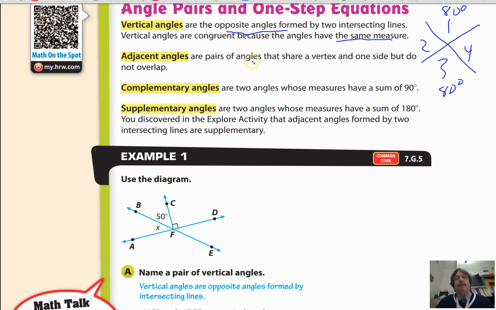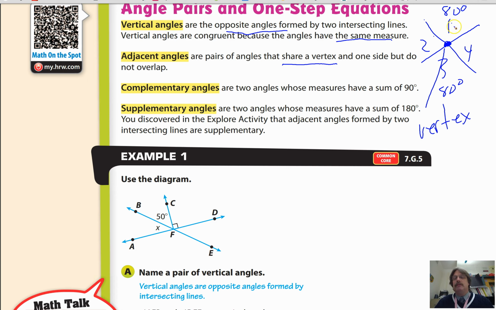Adjacent angles are pairs of angles that have a shared vertex and one side but do not overlap. So this point right here is our vertex where two lines come together. Following the definition, a pair of angles that have a shared vertex and one side but do not overlap, like angles 1 and 2, they share this one side right here.